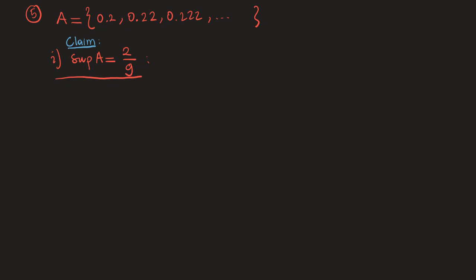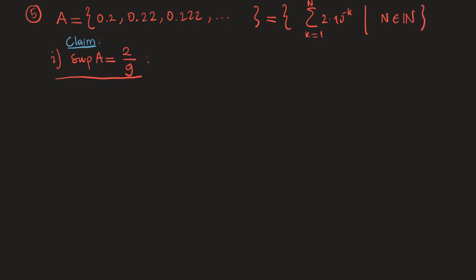Now let us assume that our set consists of numbers like 0.2, 0.22, 0.222, and so on. So we can formalize the formula for this set generator. This is a sum from k equals 1, and n is a natural number.